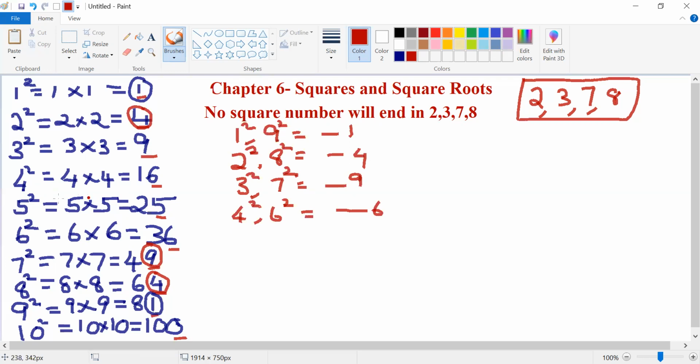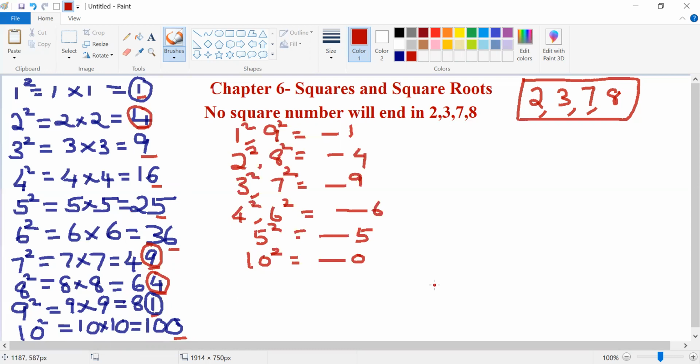Now 5. Other than 5 square, any other number ending in 5? No. So only 5 square is ending in 5. And 0, 10 square. 10 square is ending in 0.